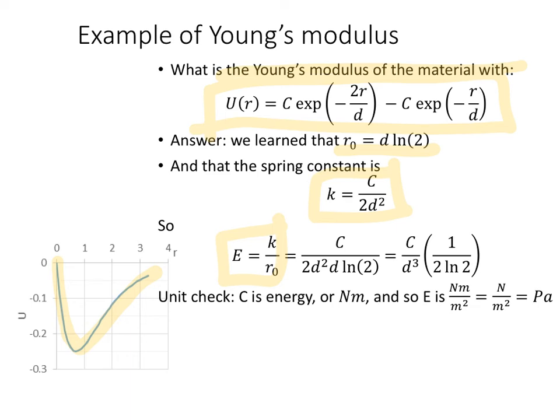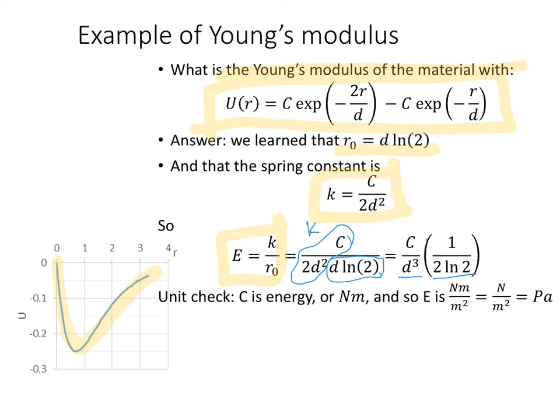So bringing over these values, we have c over 2d squared was the kappa, the spring constant, and then 1 over d times 2 natural log of 2 was the R naught. We just combine those, we get c over d cubed multiplied by this cofactor.